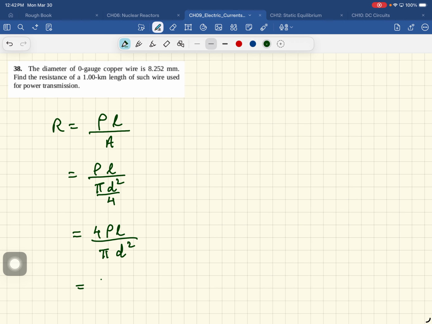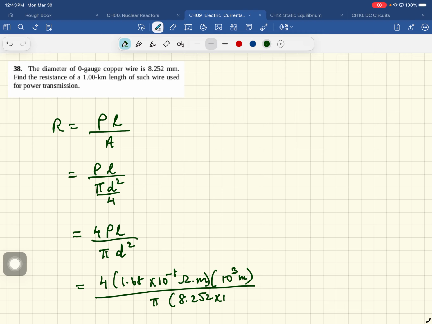All right, so 4 times resistivity of copper, which is 1.68 times 10 to the minus 8 ohm meter. The length is 1 kilometer, and the diameter is 8.252 millimeter.